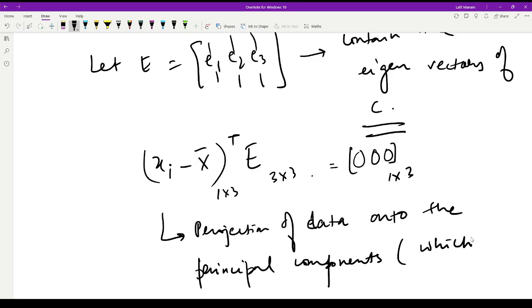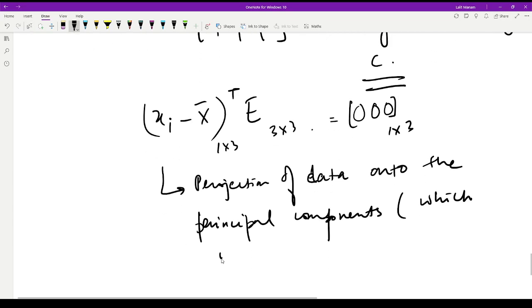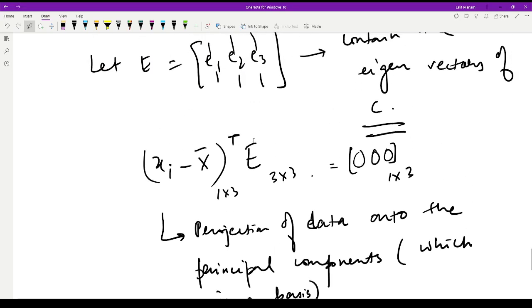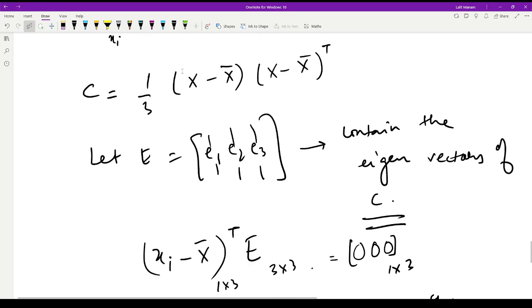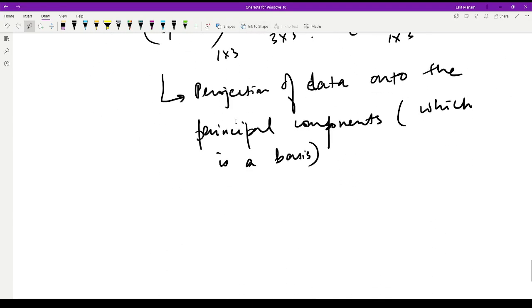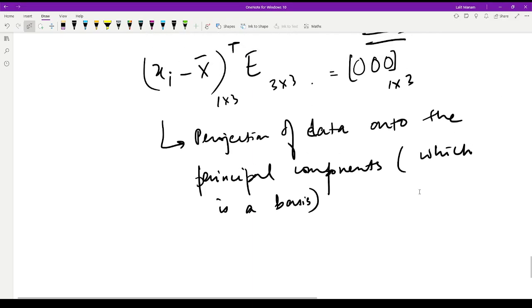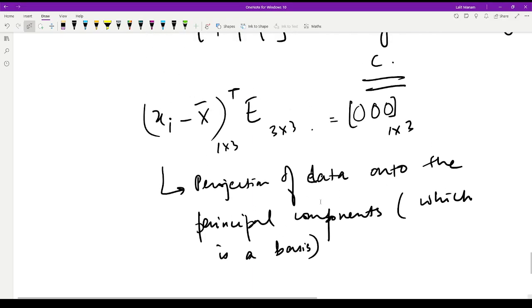So which is the basis? Why is it a basis? Because these E will always be linearly independent, and of course they are orthogonal in this case because we have a symmetric matrix. For a symmetric matrix, we have orthogonal eigenvectors, and so we have this new basis, which are the principal components.